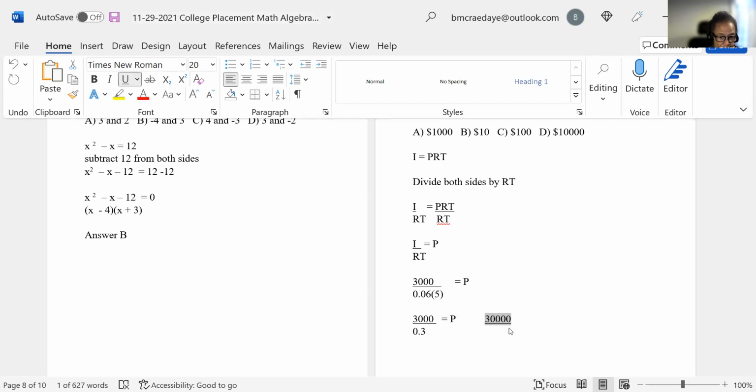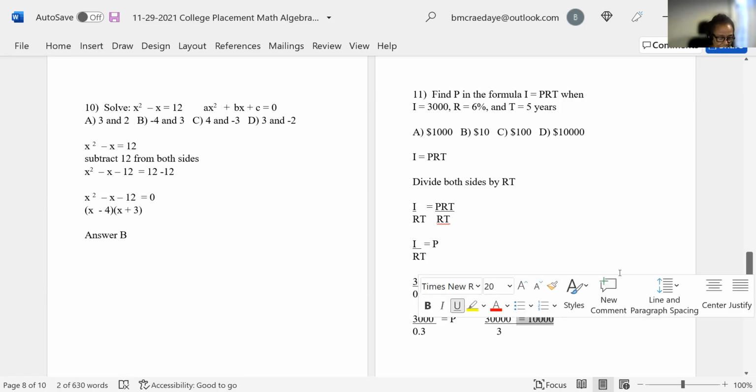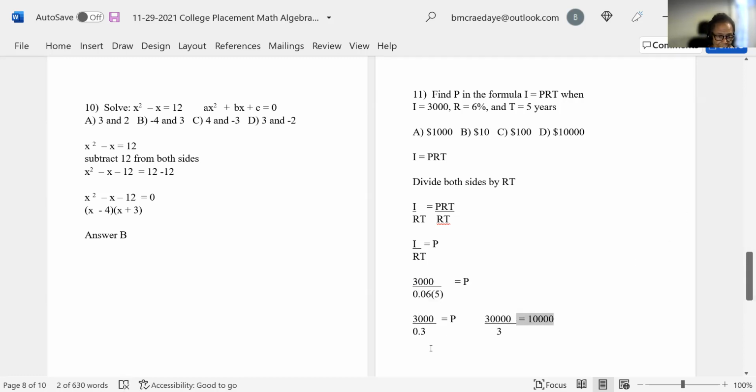So 30,000 divided by 3, let's put the 3 here. And that's equal to 10,000. So what's the answer? D. That's right.